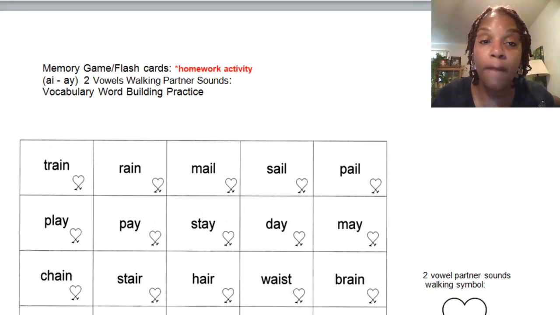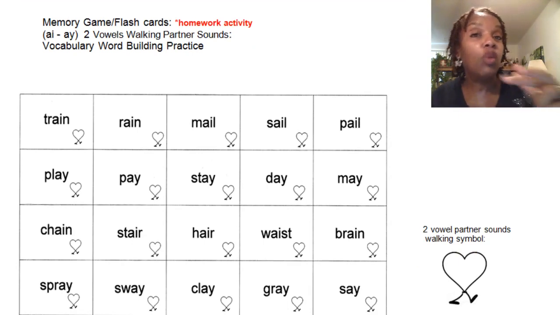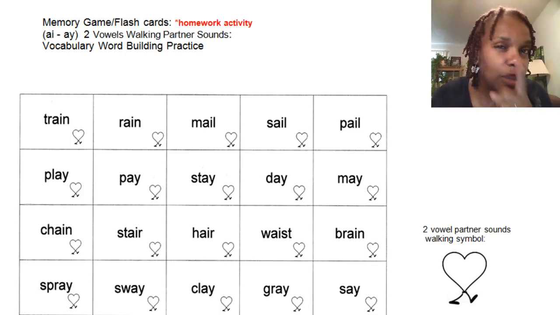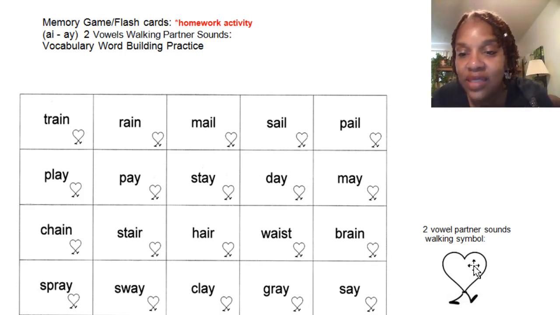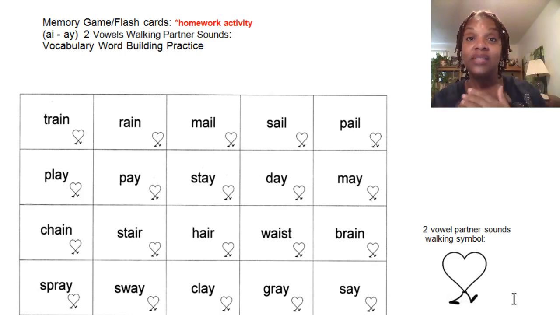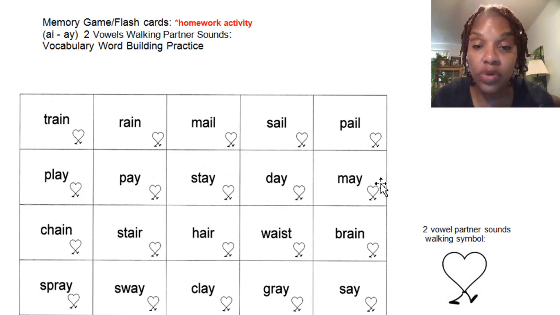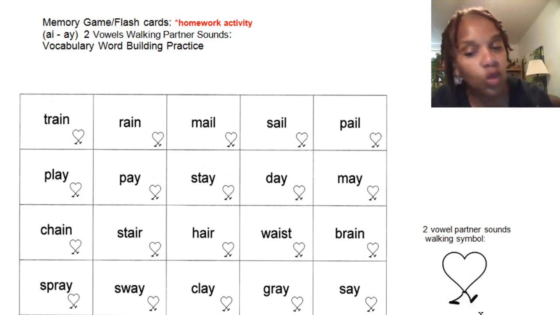This is also a part of your homework activity where you're going to make flashcards. Okay? And these are two vowel walking flashcards. The thing that's a little bit different about these flashcards, you see the little symbol. Remember the heart? The heart is the symbol for partner sounds. So in each of these words in the flashcards, there are little bitty two vowel walking symbols.